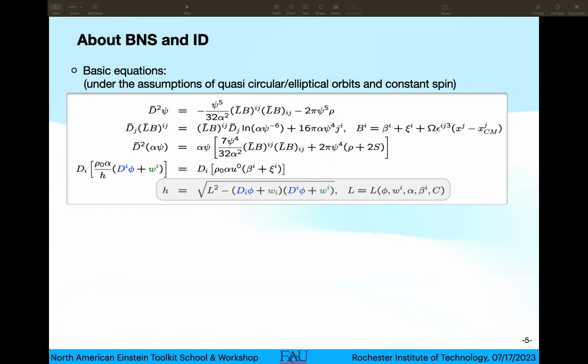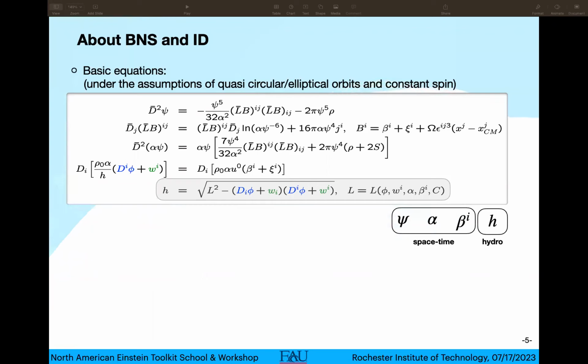The first 6 of them are second-order elliptic equations to describe the fields, and the very last equation is the hydrodynamic equation, an algebraic equation for the enthalpy. So in principle, we have fields and we have hydro. These describe the space-time, and here we have the description of the hydrodynamics.